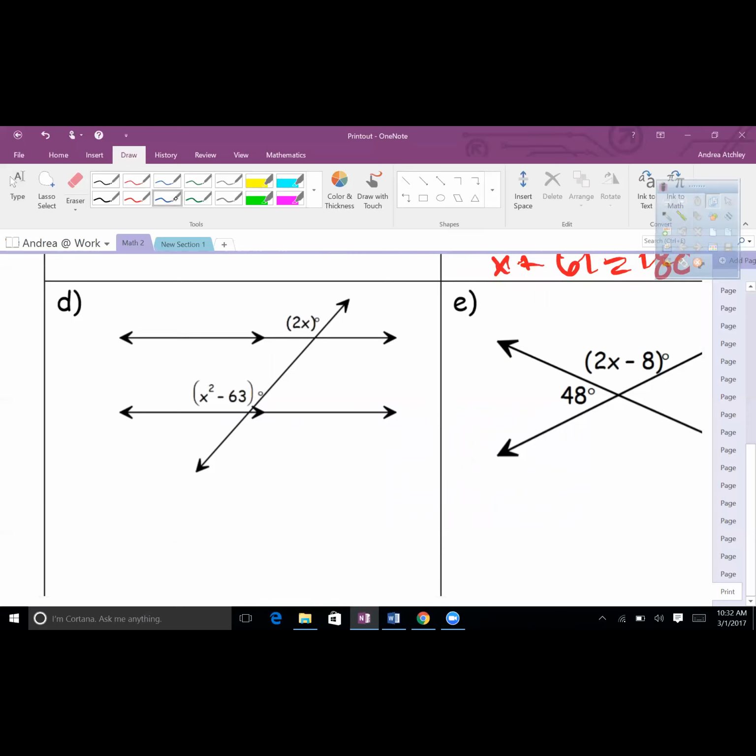Okay, so these are corresponding angles. These are corresponding angles, and so they're equal.